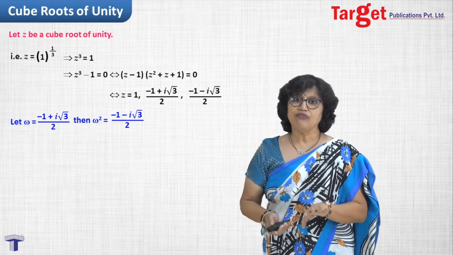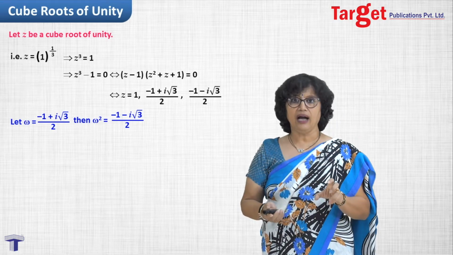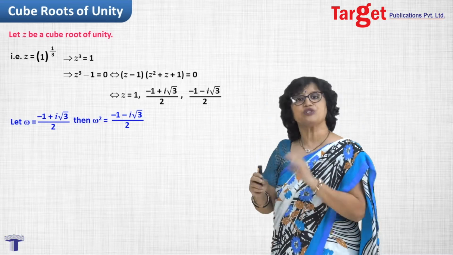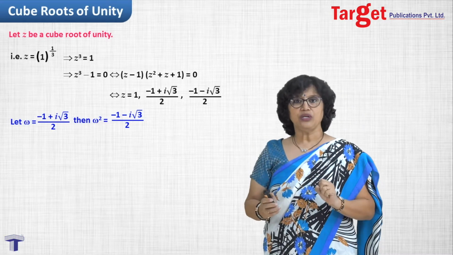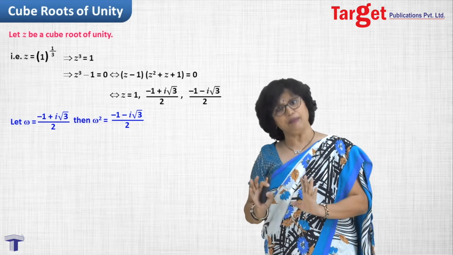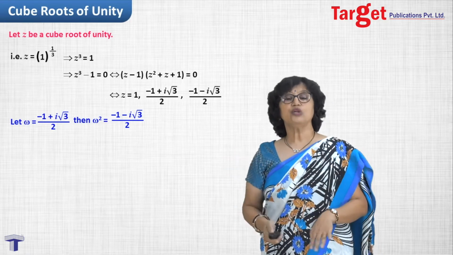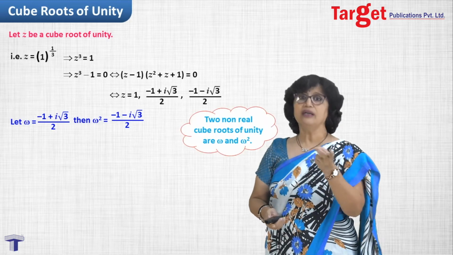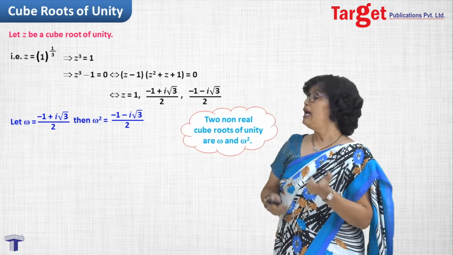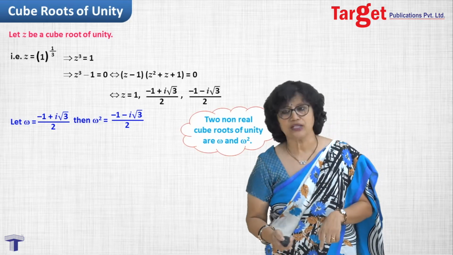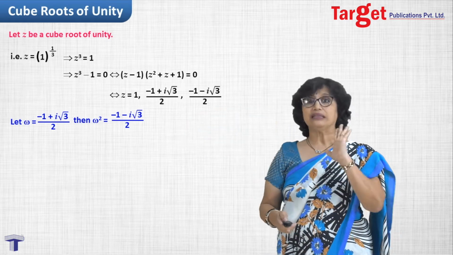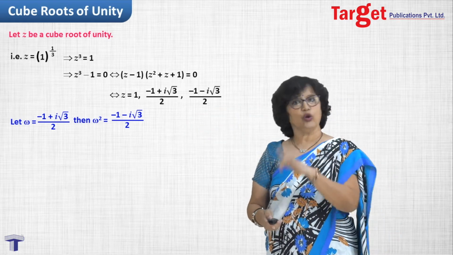The thing is, when you actually square omega, you will get that remaining root, which is minus 1 minus i root 3 upon 2. So why give a special name? So let me write it as omega and omega square. And this is a very, very standard notation. So what we have done is one real root, which is z equal to 1, and two non-real roots, omega and omega square. So in all we now have 3 roots: 1, omega and omega square.